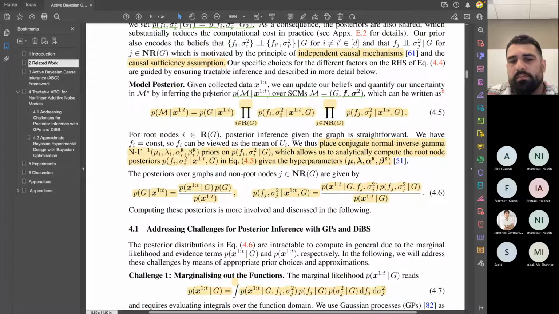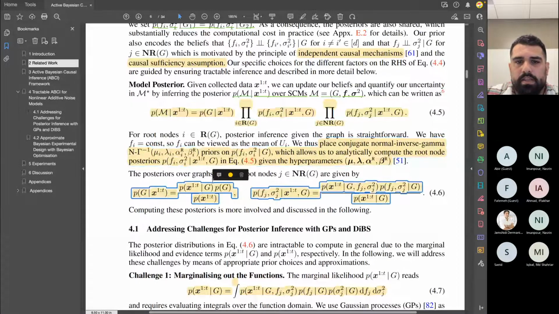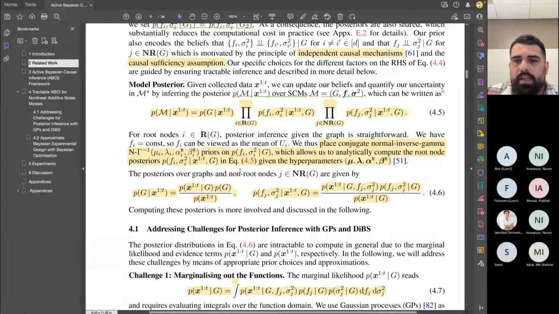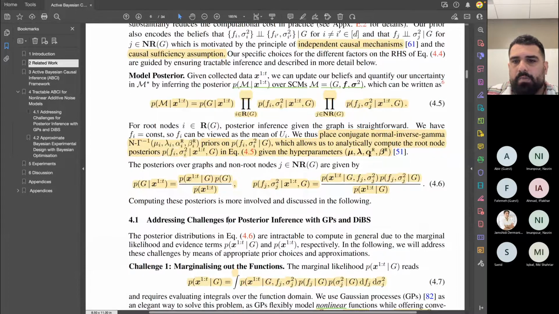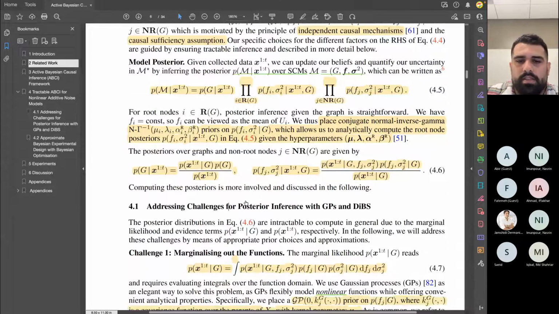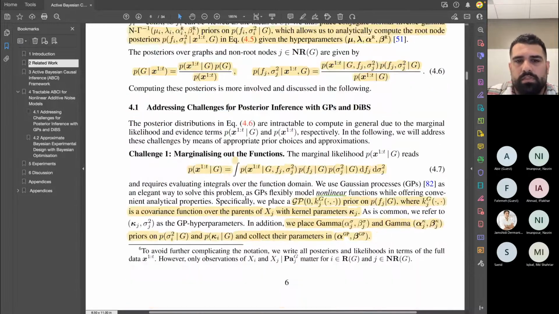The posterior over graphs for non-root nodes has this formula, so it's a little different. For root nodes, they place a conjugate normal inverse gamma, which is this funny looking representation here. There are also hyperparameters associated with that, and they talk about each of these in the next section. The point is that they treat root nodes and non-root nodes differently.